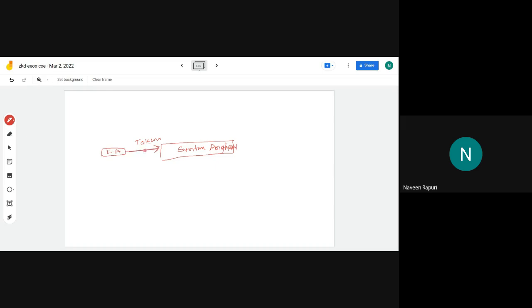The syntax analyzer takes the tokens as input and produces the parse tree. For that purpose, it is using CFG and PDA, push-down automata. If it does not produce the parse tree, in the other case it produces a syntax error.